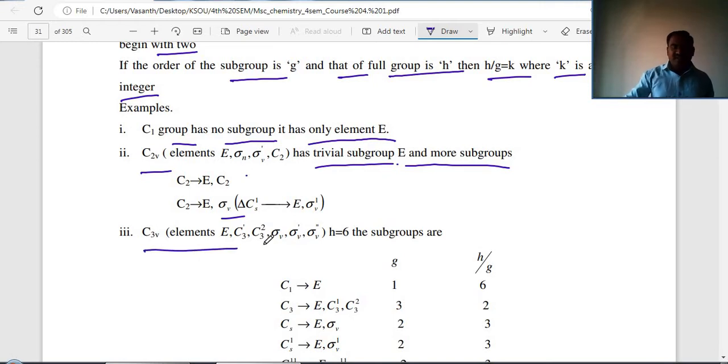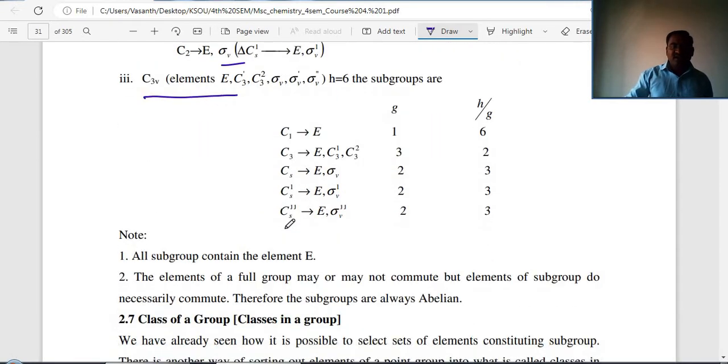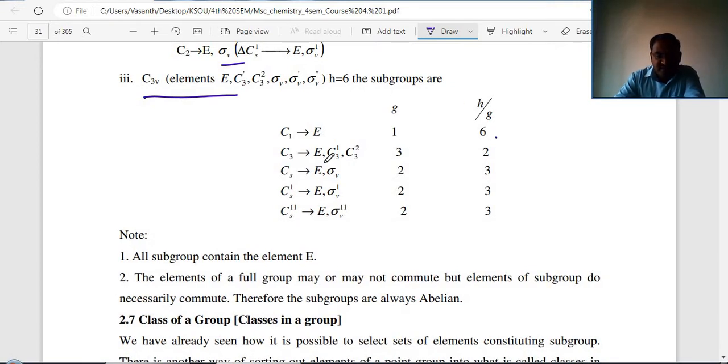The C3V group has 6 elements and there exist 6 subgroups. Here C1 is E, with H by G equal to 6. Then C3, with order 3 and H by Z equal to 2.